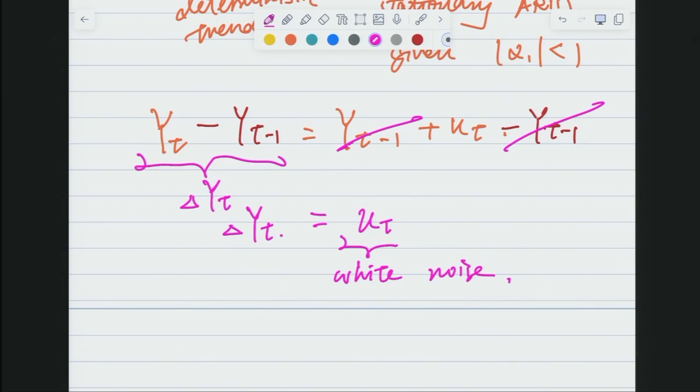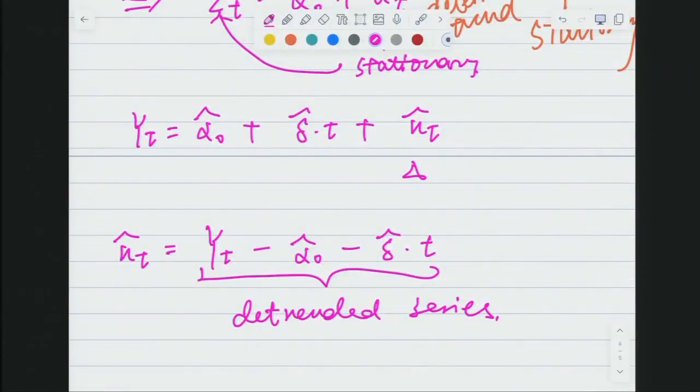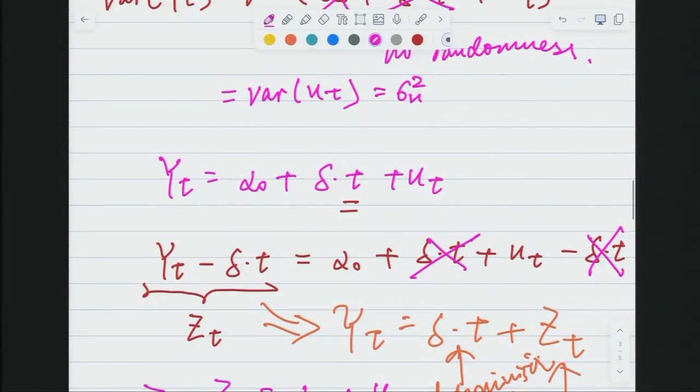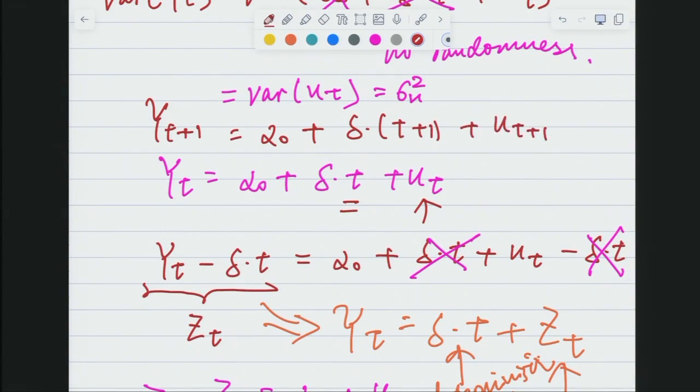As you can see, in the deterministic trend model, the y only depends on the shock in the same time period. The next time period, yt plus 1, is equal to alpha naught plus delta times t plus 1, plus the ut plus 1.